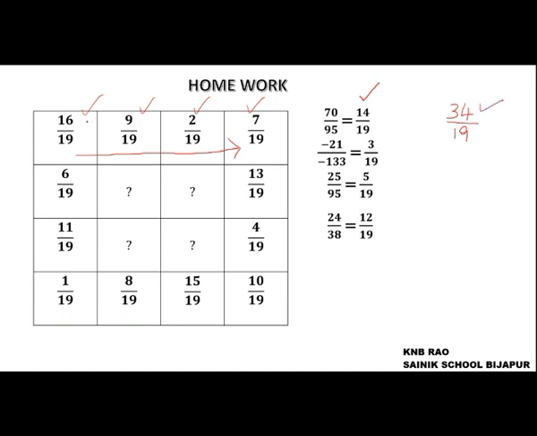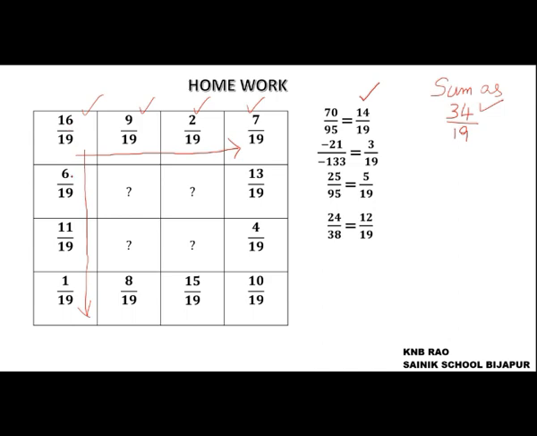So my observation is that the sum of rational numbers, when I add row wise or column wise, gives 34 by 19. So I should look for the sum as 34 by 19.